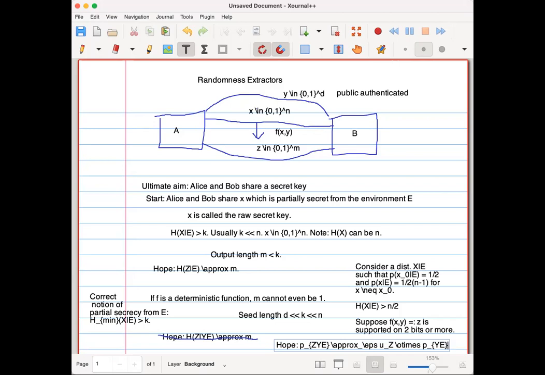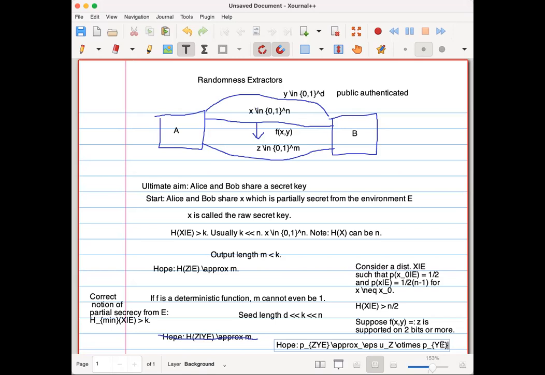This process creates a joint distribution between the random variable Z, the seed random variable Y, and the environment random variable E. I want this joint distribution to be epsilon-close in L1 to a product probability distribution, namely one that is perfectly uniform on Z, times the marginal on Y and E.